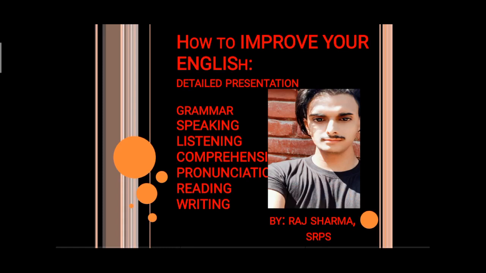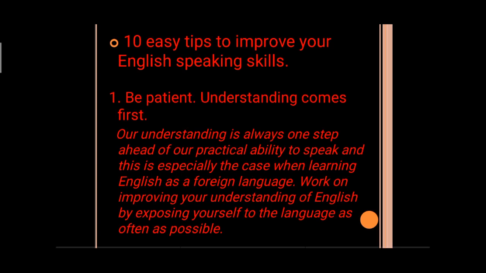I've already mentioned them: grammar, speaking skills, listening skills, comprehension, pronunciation, reading, and writing. We need to understand each aspect to be a well proficient English speaker, so I've broken this down into many parts. This is our second part. Let's get straight into it.